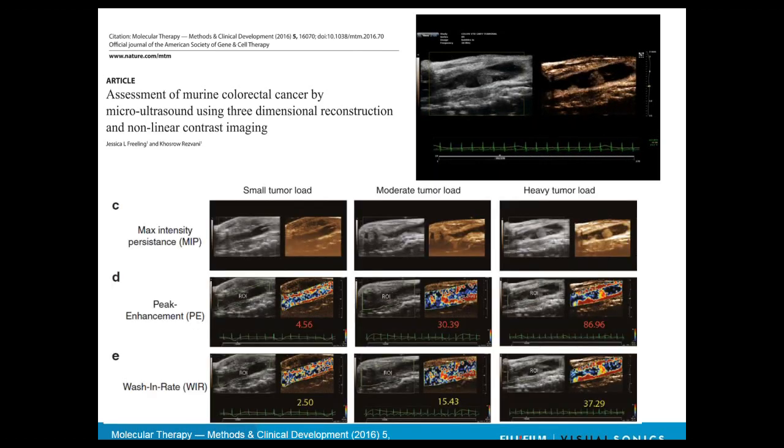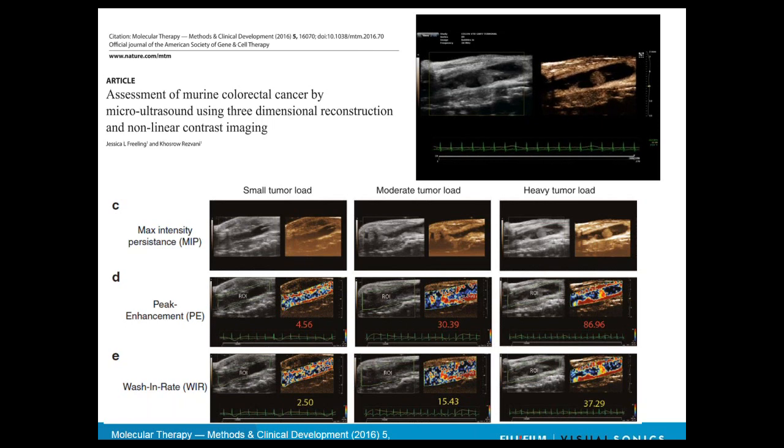So we see on the left side a mouse that has a small colorectal tumor load. In the middle, there's moderate tumor load, and on the right side, there's heavy tumor load. And after contrast injection, Freeling and Raswani compared the two parameters, peak enhancement and wash-in rate here.